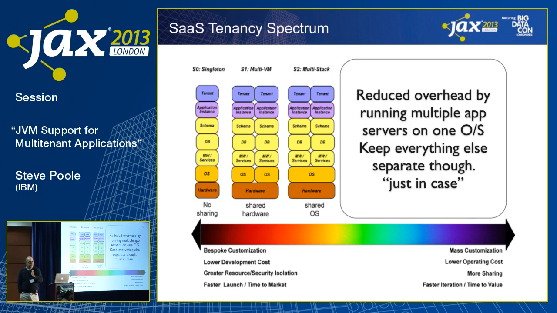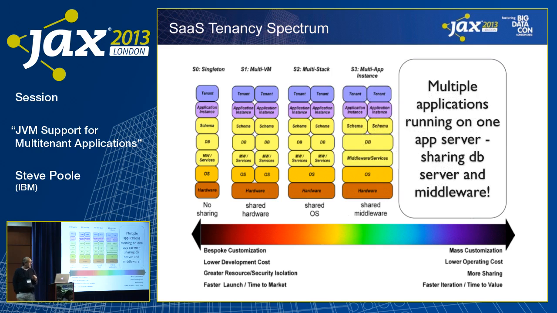The reasons that these things are in the stack is because each of them provides benefit. And mostly the benefit is improved, what's called density. You can get more into the system because you can share more. And if you can get more into the system, then if you are hosting this or providing this as a service, you get more bang for your buck. Okay? And it goes on.